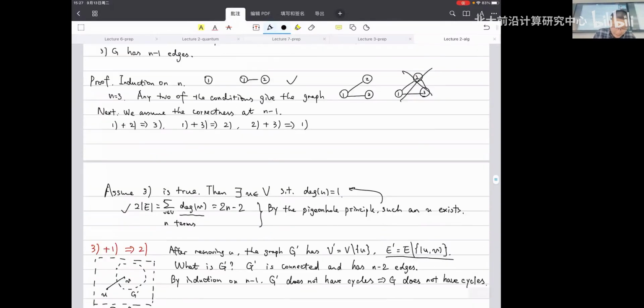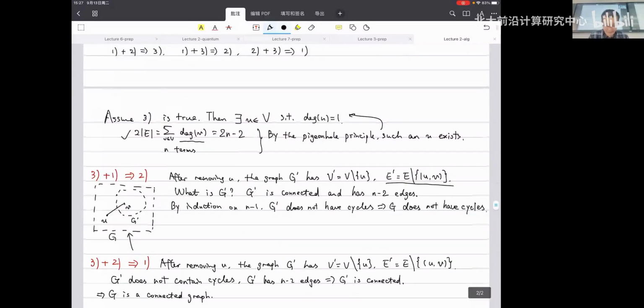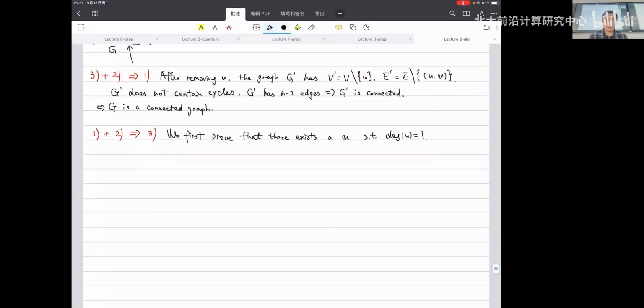But keep in mind that the assumptions we have are that G is connected and G does not contain a cycle. We don't have an argument on the number of edges here, so we cannot directly use that argument. But we are going to use the graph properties, being connected and acyclic, to imply that there must exist such a U here.